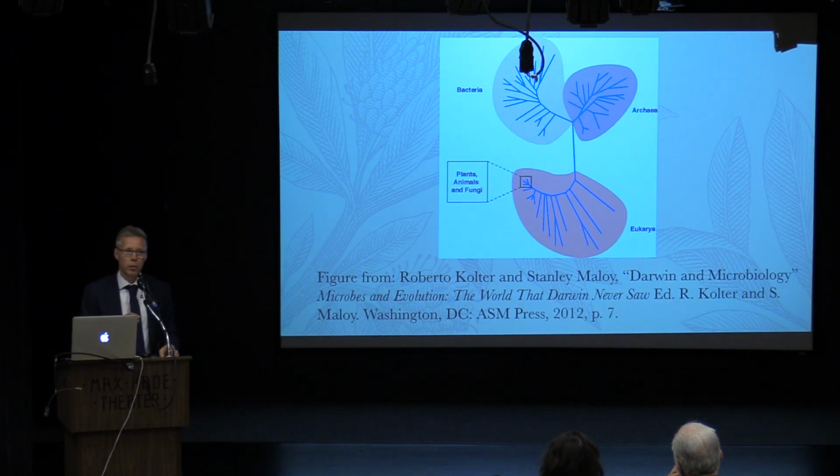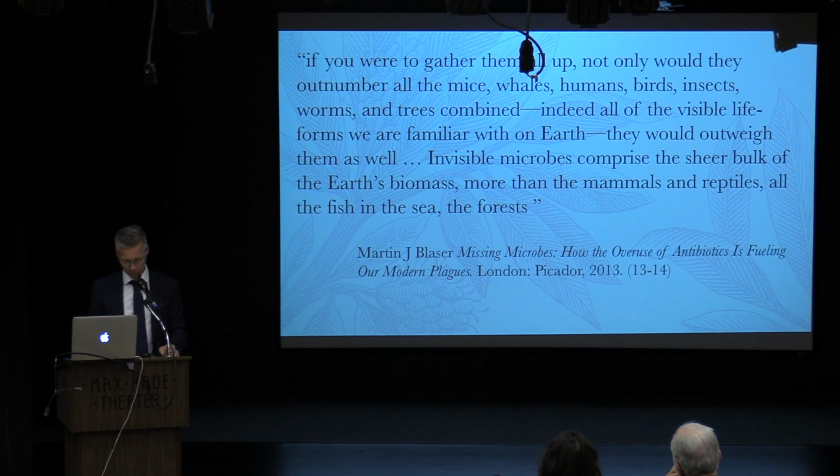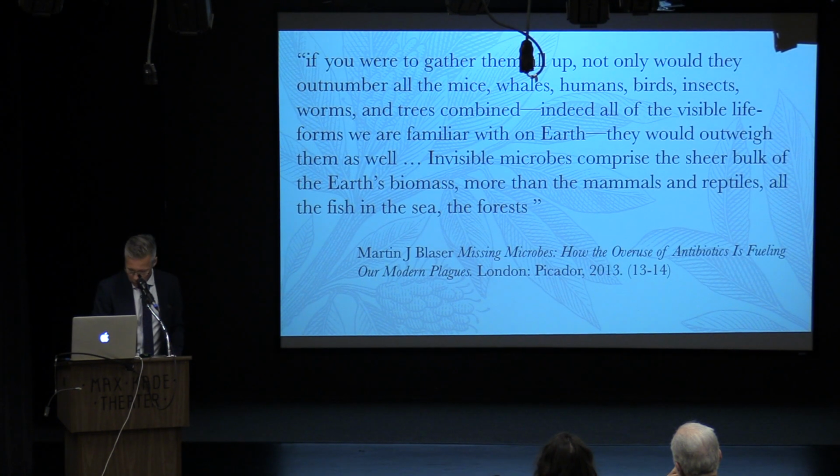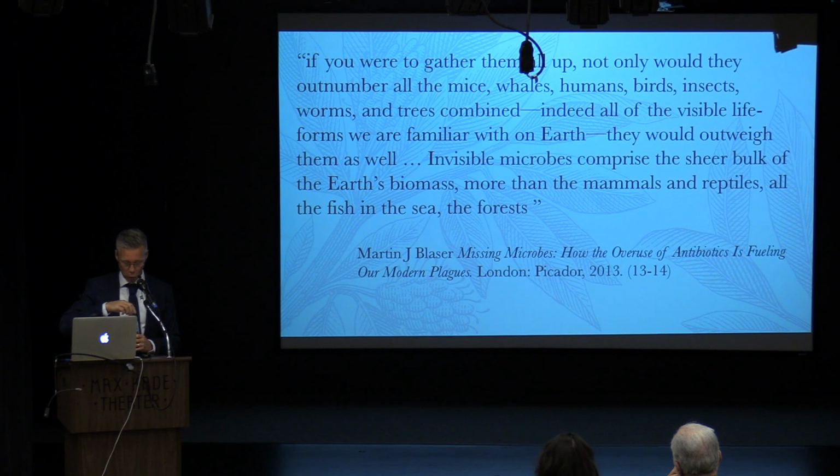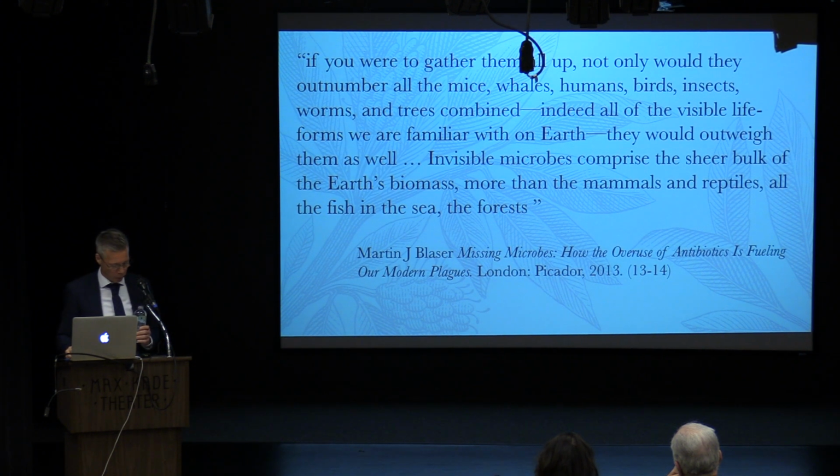Martin J. Blaser, who's a major figure within the study of microbes today, writes this about microscopic life forms of our planet. If you were to gather them all up, all the microbes, not only would they outnumber all the mice, whales, humans, birds, insects, worms, and trees combined, indeed all of the visible life forms we are familiar with on Earth, they would outweigh them all as well.